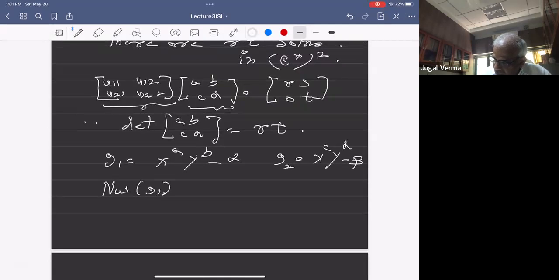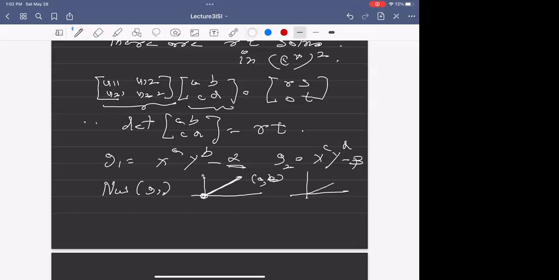Alpha goes with the constant term. So for the Newton polygon of G1, alpha gives me this point, and AB is this point. So this is the line segment; this is the Newton polygon of G1. Similarly, I will get the Newton polygon of G2.